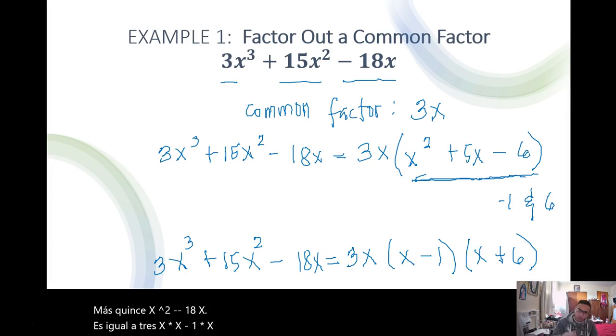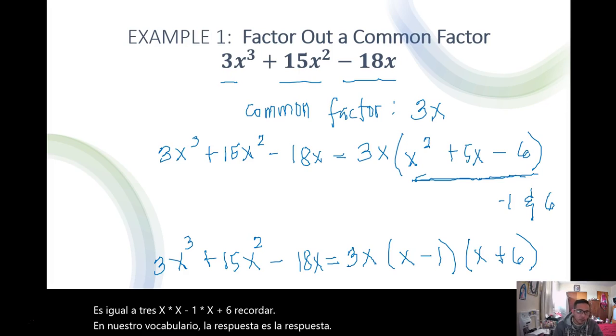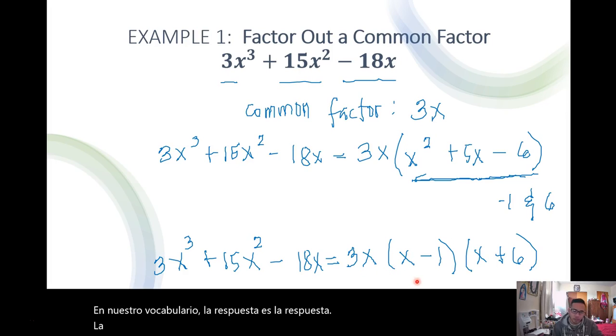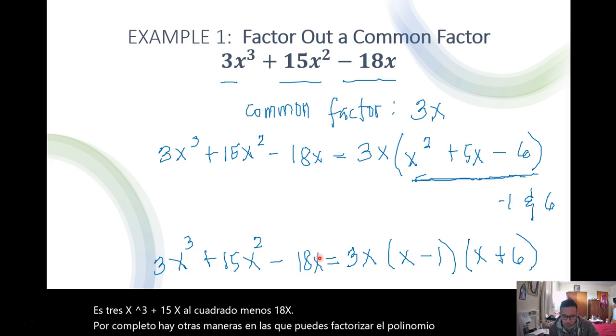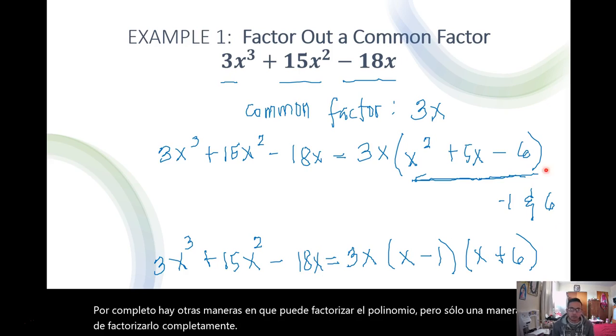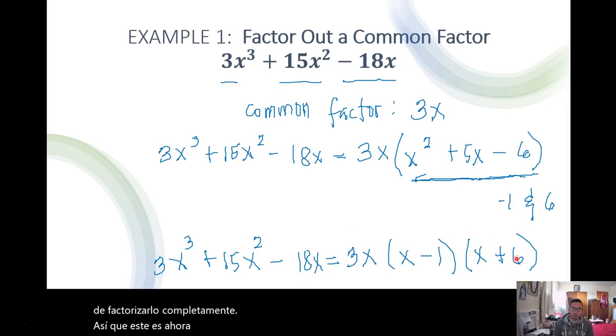Remember, in our vocabulary, 3x times the quantity x minus 1 times x plus 6 is 3x cubed plus 15x squared minus 18x factored completely. There are other ways you can factor the polynomial, but only one way to factor it completely. So this is now the factor of our given polynomial.